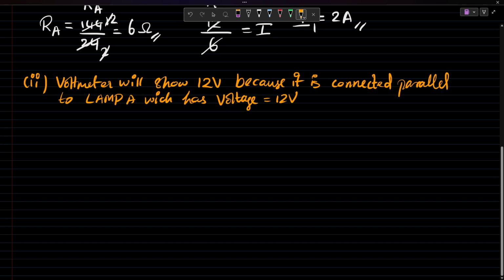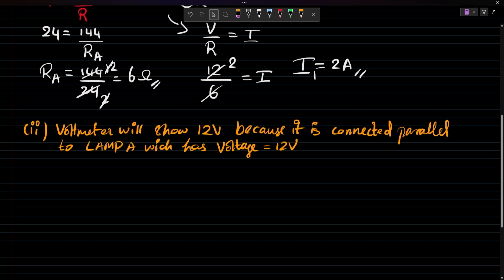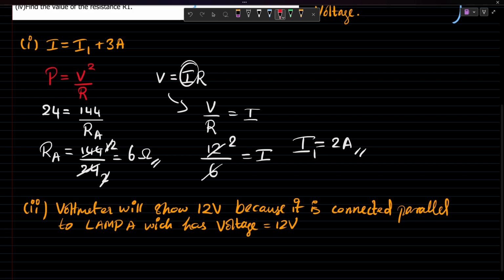In a parallel connection, if something is parallel to something, the voltage is the same. If from here to here it is 15 volts, it's going to be 15 here and here. In this case it's 12, so it's going to be 12 and 12 here. So that's basically what parallel connection is. I think that's a good reason. So yeah, that's your answer.